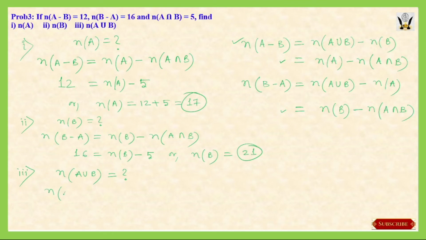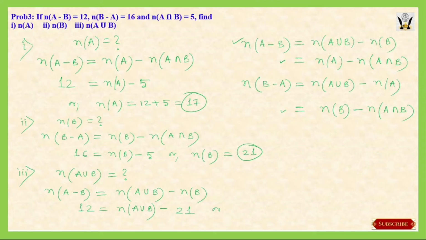So n of A minus B will be equal to n of A union B minus n of B. Here n of A minus B is given, which is 12. n of A union B we have to find, and n of B we have already found and that value is 21.